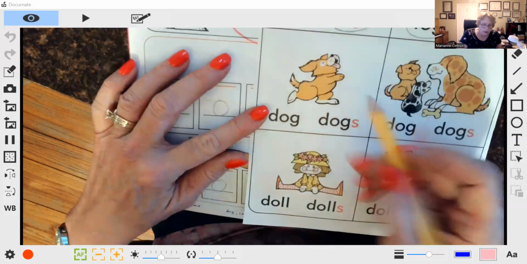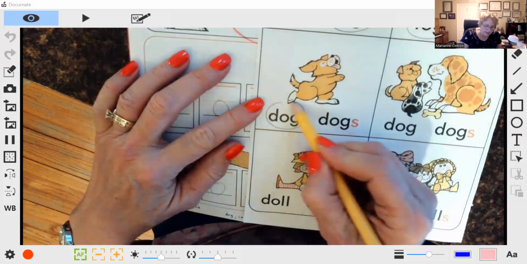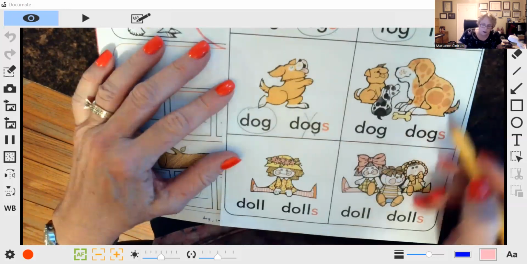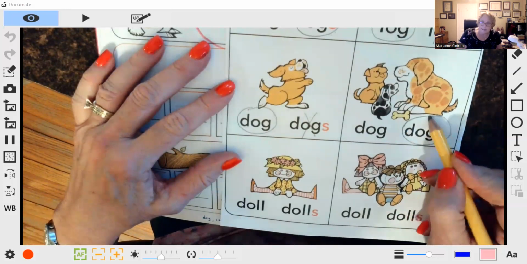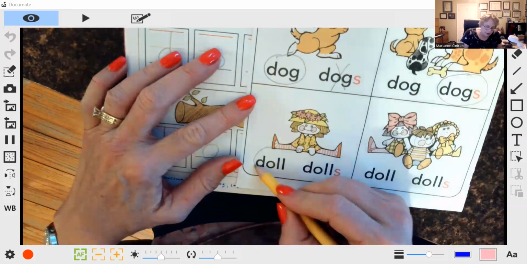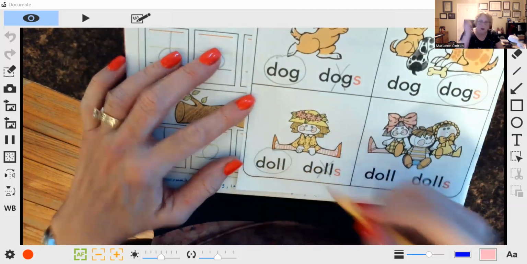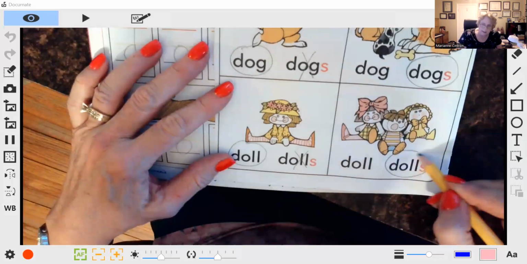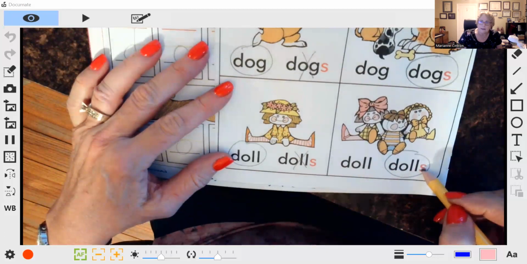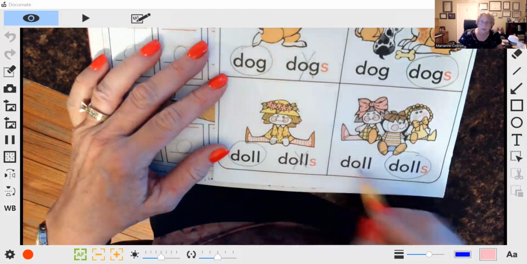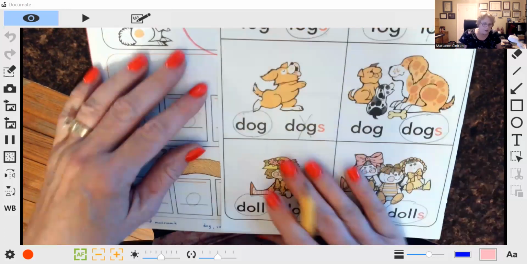When you have one dog, no S. When you have three dogs, you need the word that has the S. When you have one doll, no S. When you have three dolls, you need the dolls that has the S. See what I'm doing? So you can cross off and eliminate if that helps your child. So now we're introducing plurals. I love it.